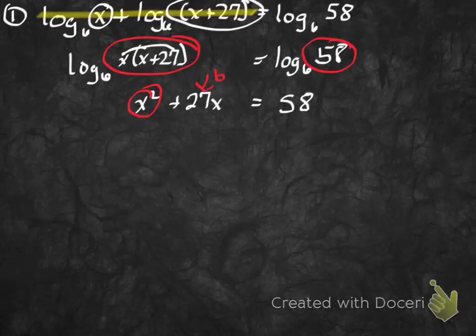And so with that knowledge, I know I need to get everything to the same side. So how am I going to move the 58 to join everybody else? All the problems tonight, whenever you have to do these, you can either use quadratic formula or factoring. They will all be solvable with factoring.